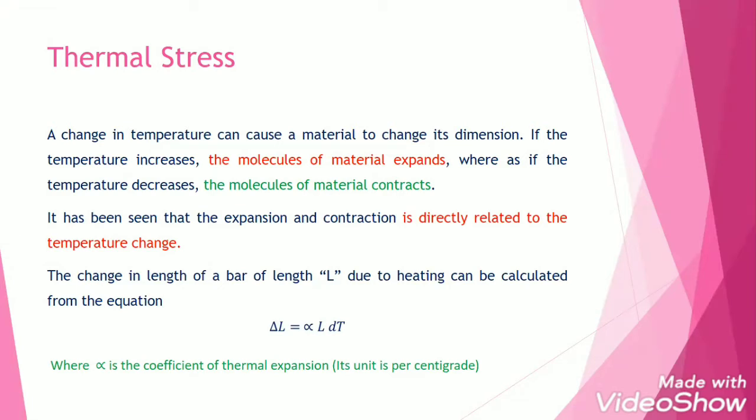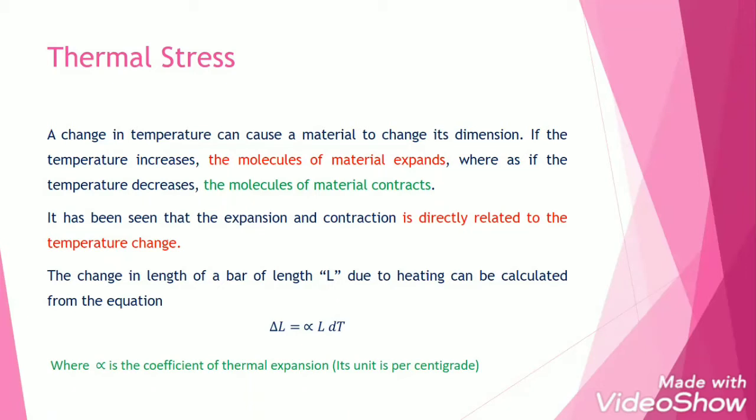But it has been seen that due to expansion or contraction, the length increases or decreases, and that change in length is directly proportional to the temperature difference. If the change in temperature is high, then the change in length also will be more. That means delta L is proportional to dt.